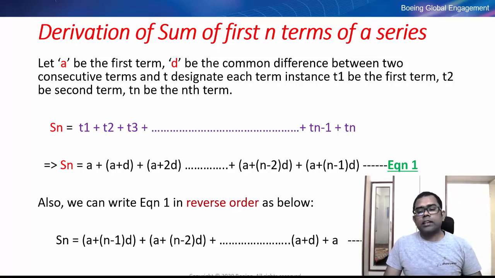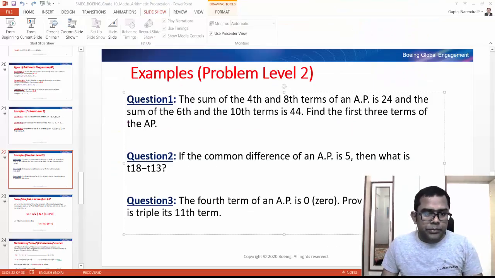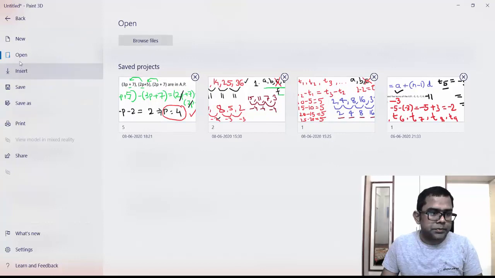Now in any equation where we do the addition, if we write the numbers in reverse order, it does not change that sum. Say for example, let me show you here.